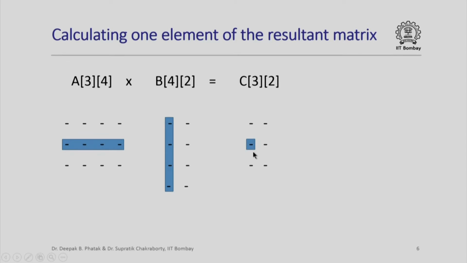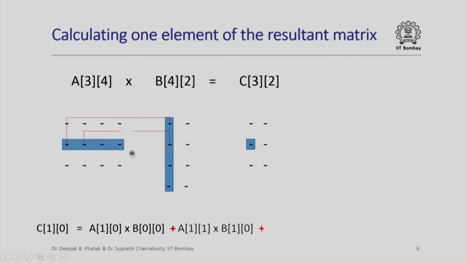How do we obtain this? The way you obtain this is you take this A10 multiplied by B00, then you add to it A11 multiplied by B10, then you add to it A12 multiplied by B20, and finally you take A13 and multiply by B30.